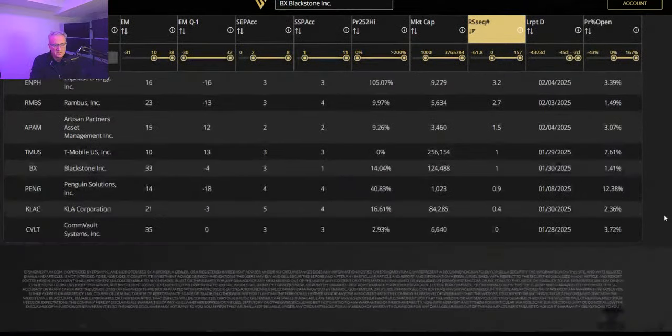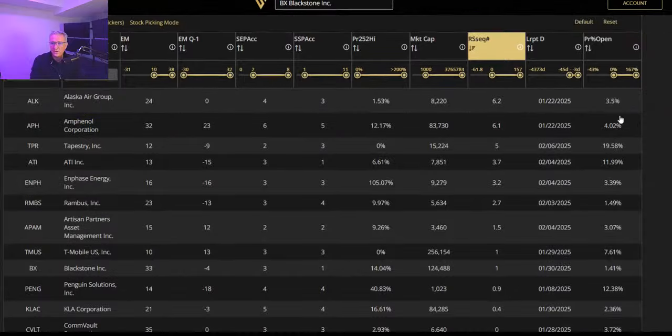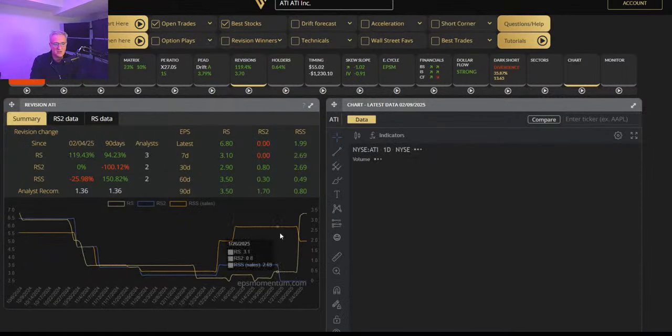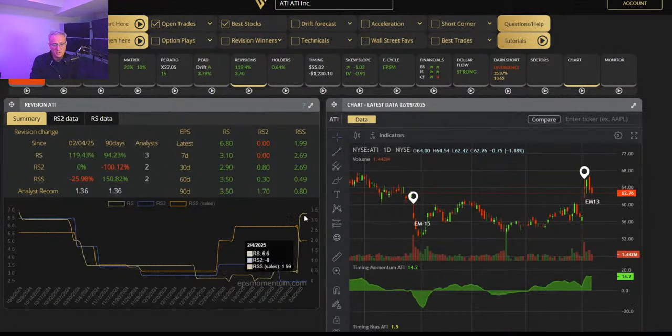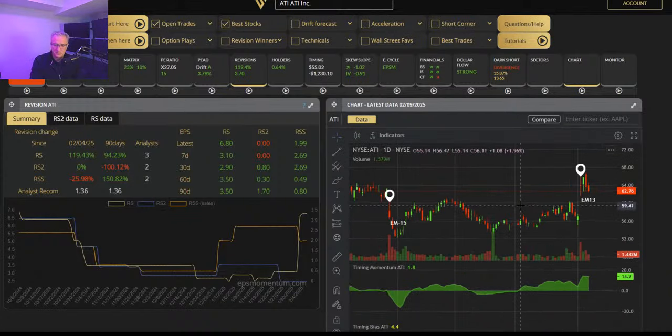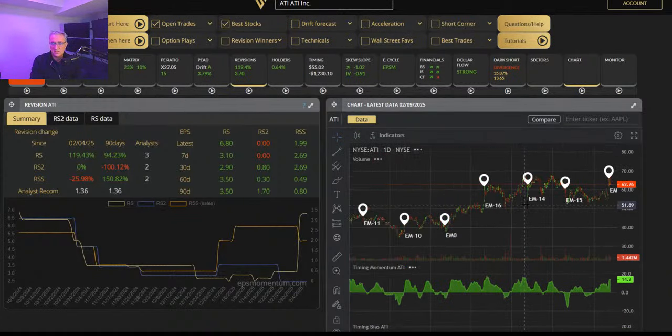Yeah, I did. But Blackstone had a 1.41. But we can filter on the biggest earnings gap, 19%. Tapestry, ATI. So let's click on ATI. Huge jump in revision score, huge earnings gap. This is what we want to see.